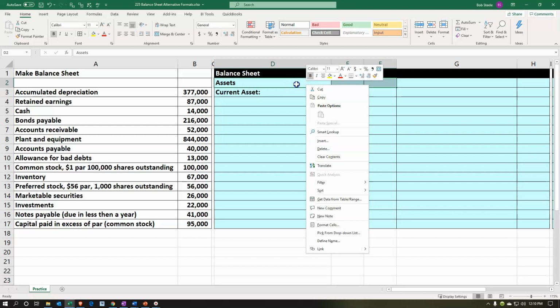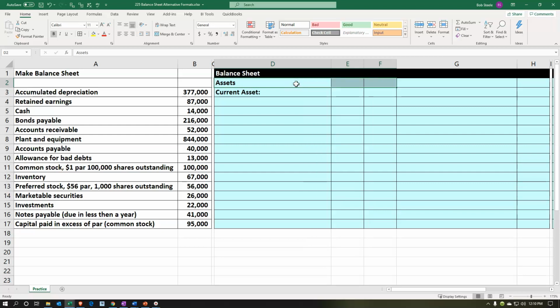Now there's a couple ways you can do this. What I recommend not doing is going into the home tab up top and going into merge and center. That's probably the first way you would think to do it, but then you have these cells that have merged together. So I'd rather just center it across that selection. So I'm going to undo that. I undid the merge and center.